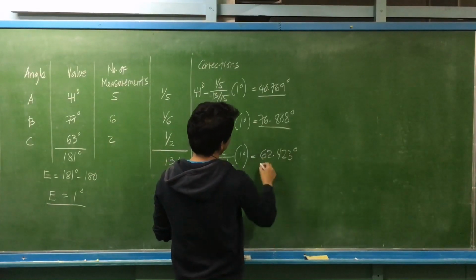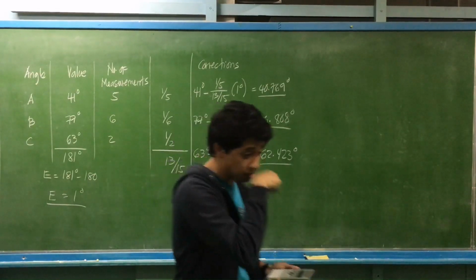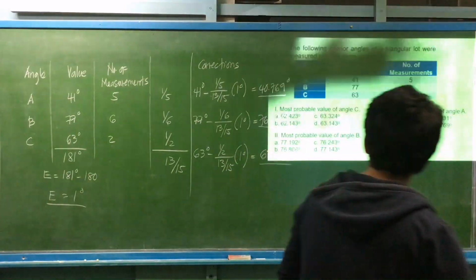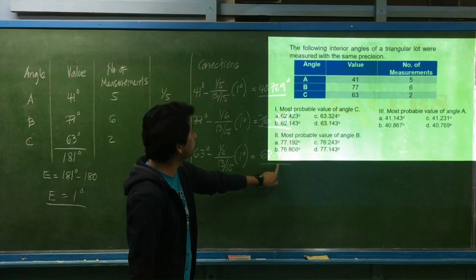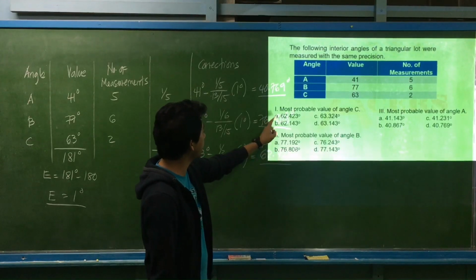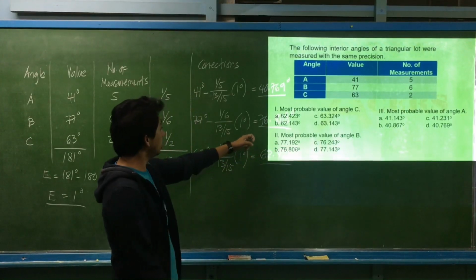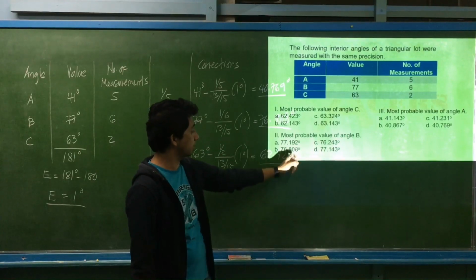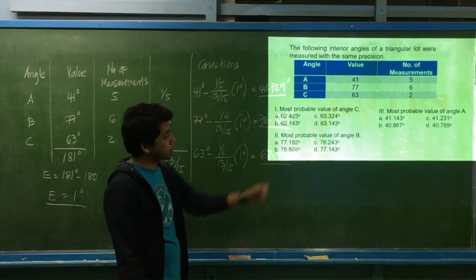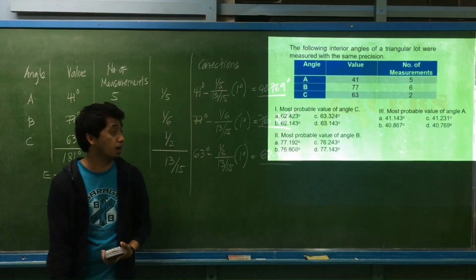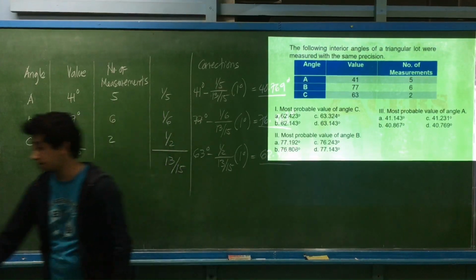So these are the corrected angles. Let's check the choices. The most probable value of C is 62.423, letter A. For angle B, 76.808, letter B. And earlier, angle A, 40.769, letter B. So that is for this example.